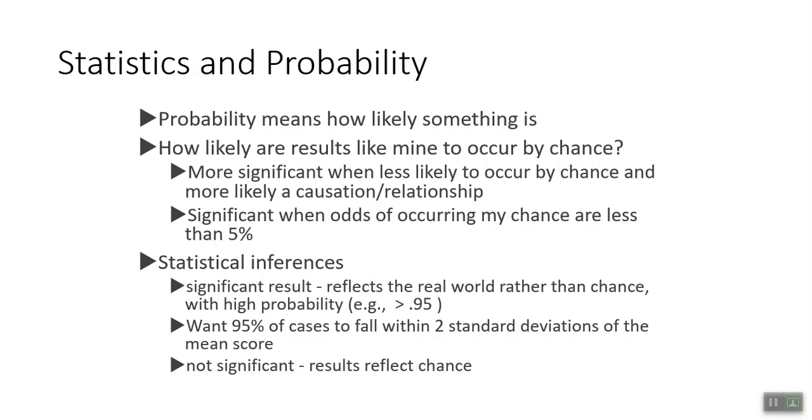So we want to make sure that our statistical information is telling us something statistically significant, and that if somebody else repeated the research in the same way, with the same operational definition of variables, and set it up exactly the same way, they're going to get the same results.